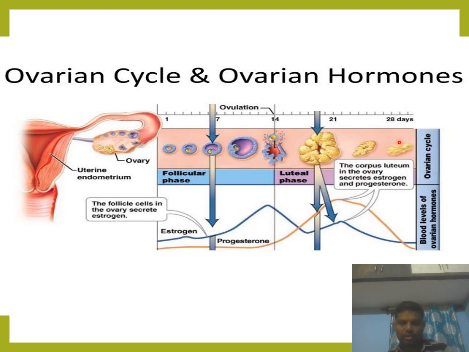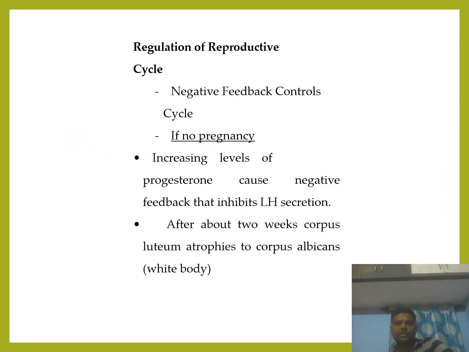At the end of the 28 days, the corpus luteum in the ovary secretes estrogen as well as progesterone. Corpus albicans is formed at the end of the ovarian cycle. So you can call estrogen and progesterone, these two hormones, the ovarian hormones.